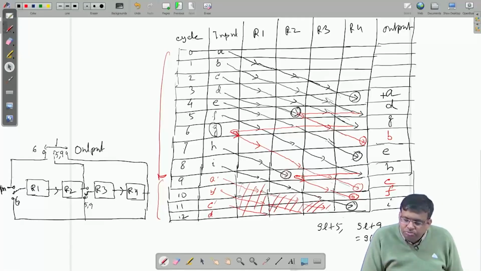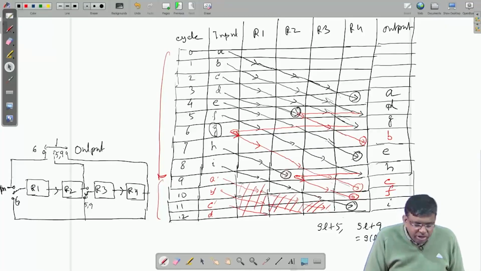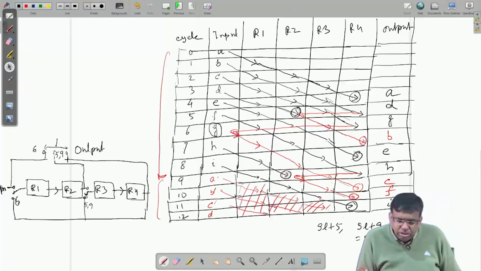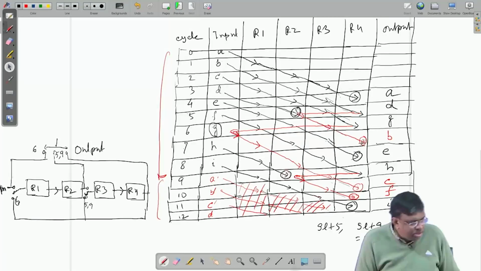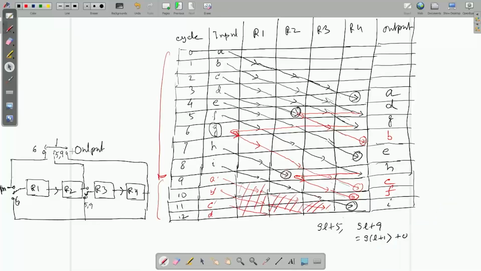In which cycles? 4, 5, just a minute. So here 4, then here 7, 4, 7, then 8, up to 8 is fine.